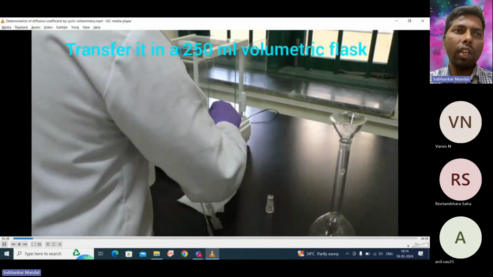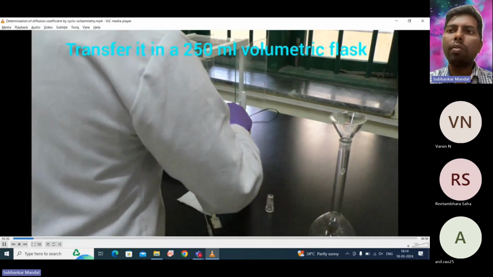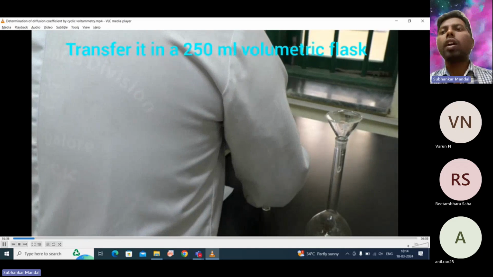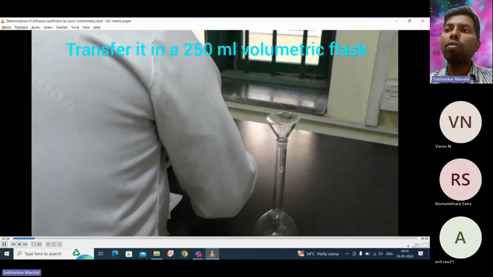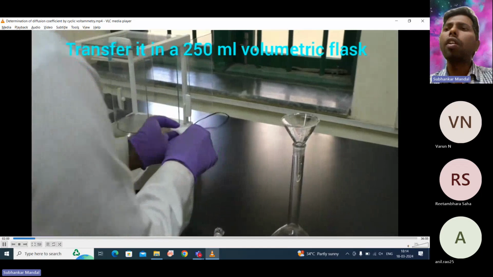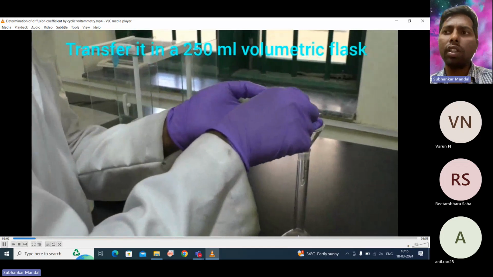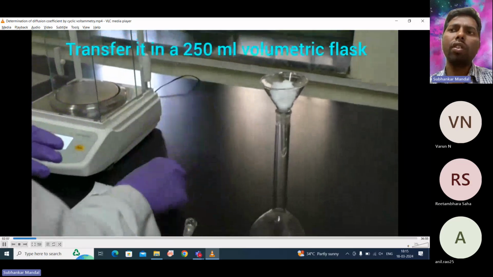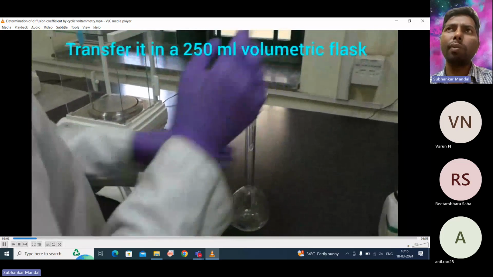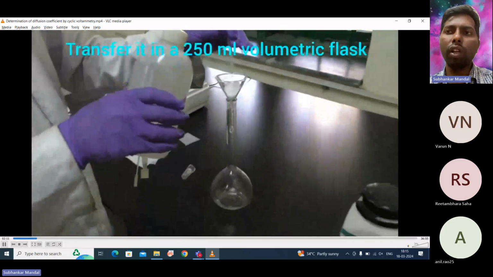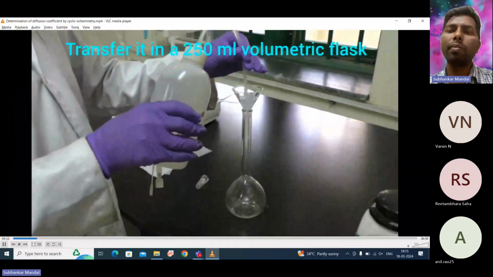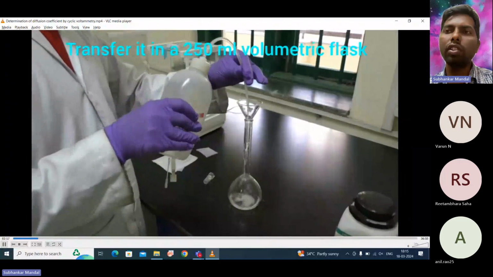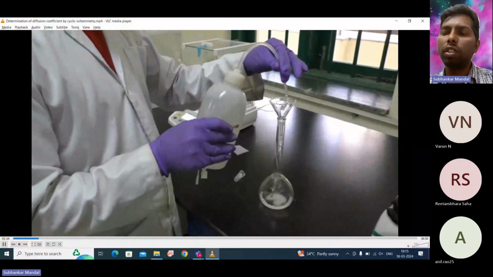Then we can put this into a volumetric flask. The solution measurement, we already discussed how to make the solution properly. I think in the second class we discussed solution properties, where we measured different concentration terms like molarity, parts per million, all these things. Here you can see we are making 0.2 molar KNO3 solution.